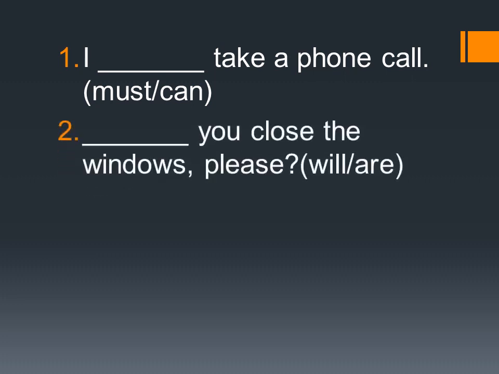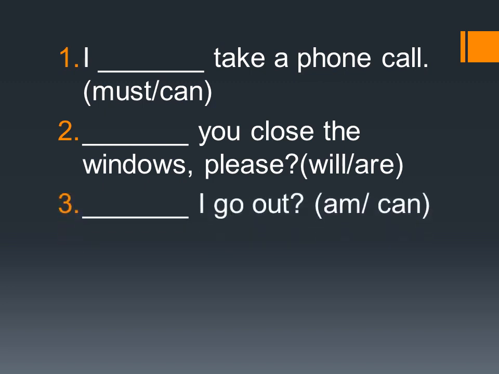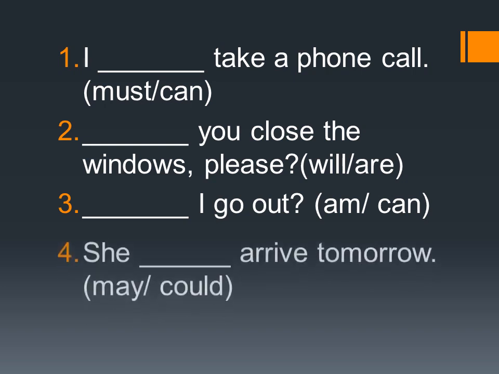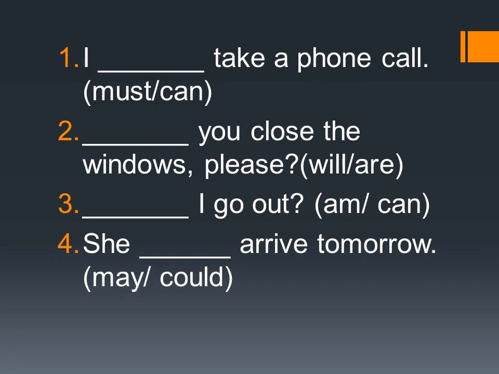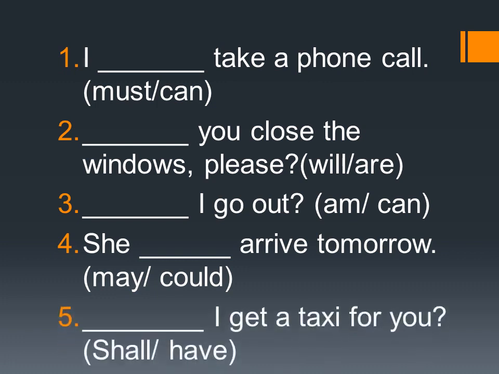Number 2. Dash you close the window please. Will or are. Dash I go out. Am or can. She dash arrive tomorrow. May or could. Dash I get a taxi for you. Shall or have.